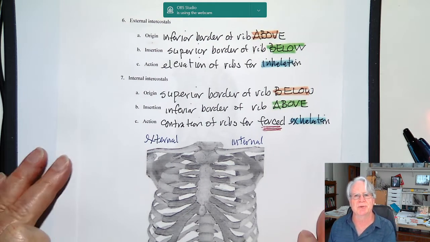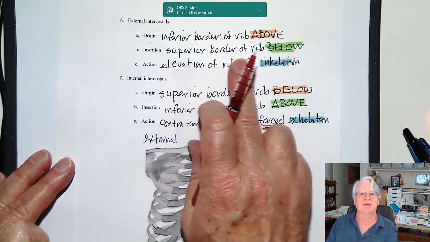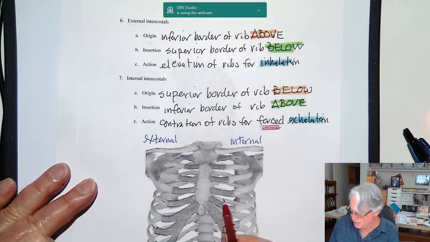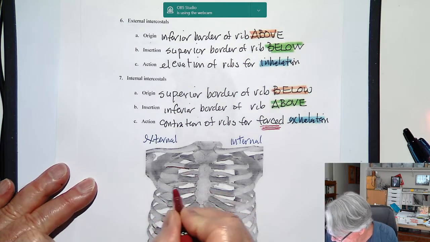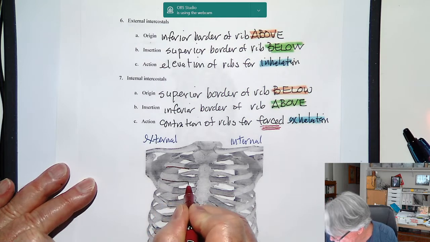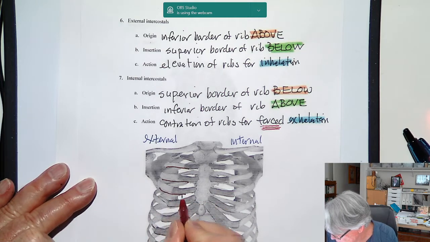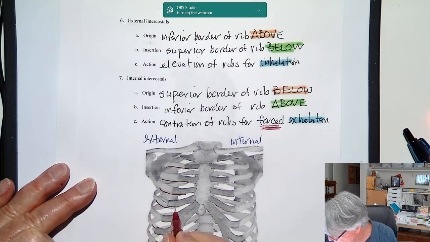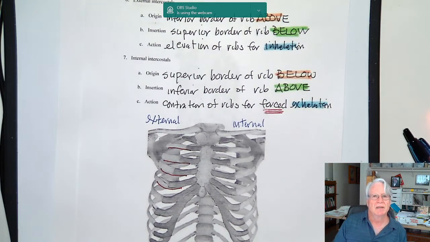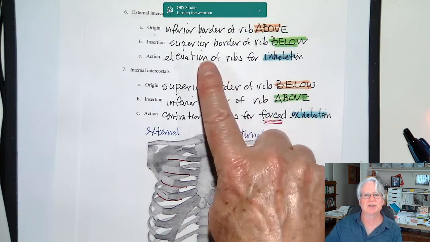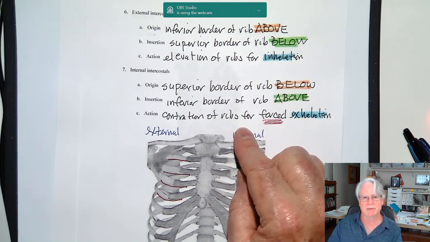So origin is red. So the inferior border of the rib above. The insertion is the superior border of the rib below.